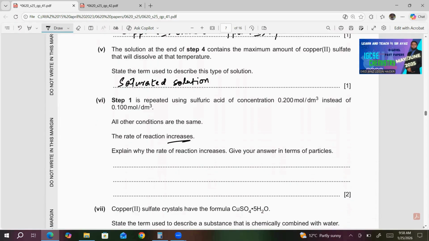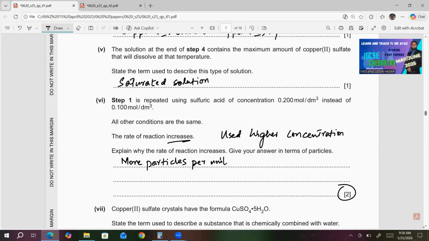Look at the difference. You have used higher concentration. This one is of 2 marks. So what 2 points are you going to write? You're definitely having more particles per unit volume.